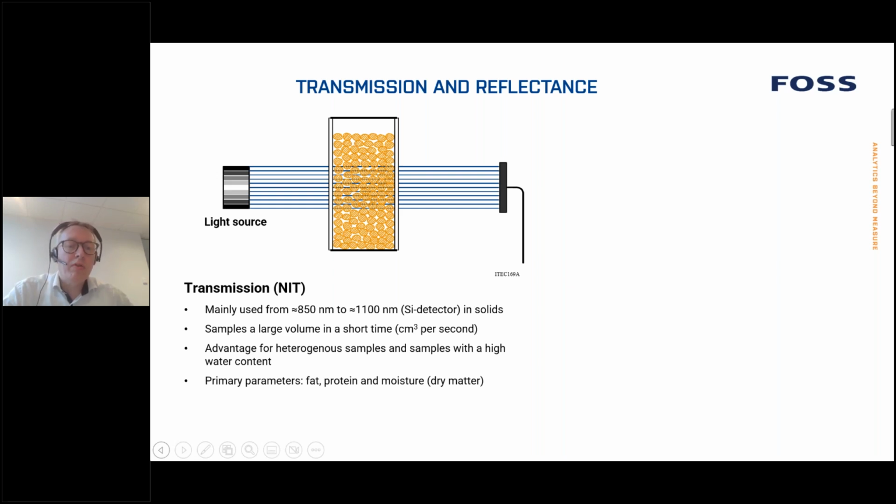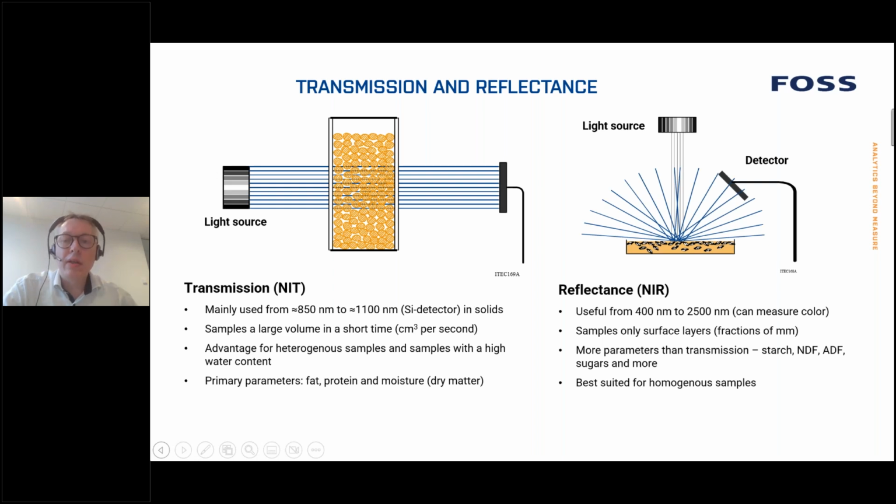It's also a good choice for samples with high water content, because you can penetrate deep in this wavelength range where water does not absorb so well. The typical parameters here are fat, protein, and moisture.